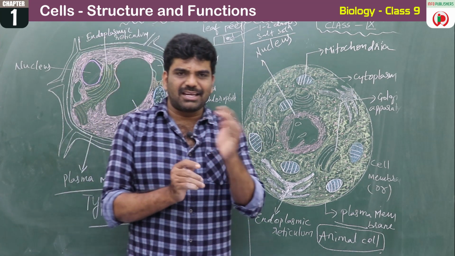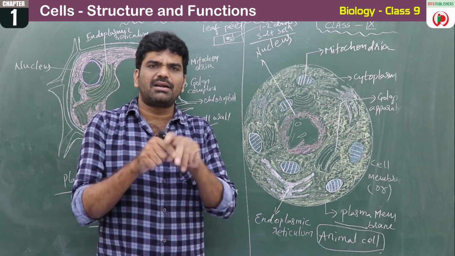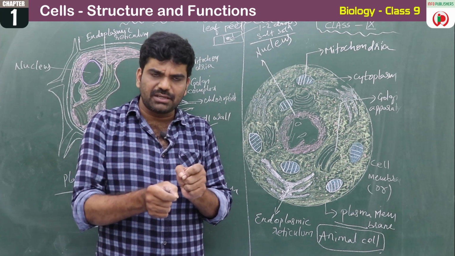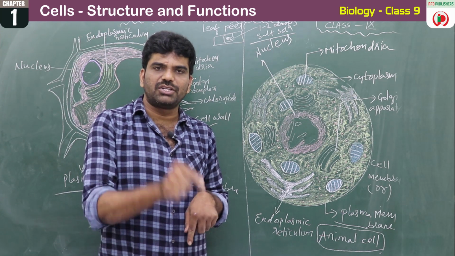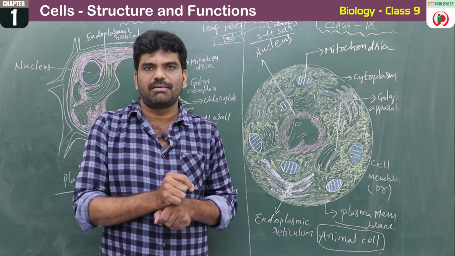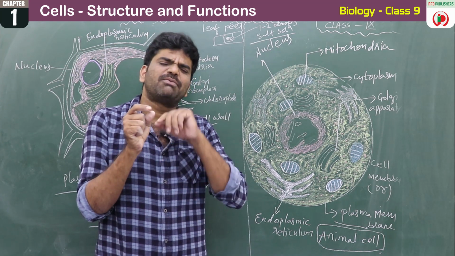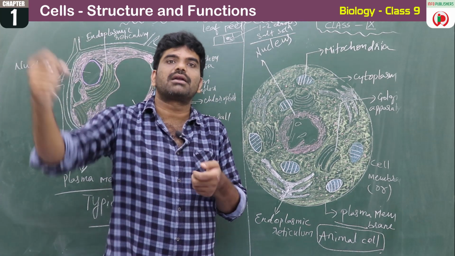So in this there are two diagrams. In one diagram we are keeping water and observing, and in the other we have kept salt solution and are observing. When we pour 1 or 2 drops of salt solution, the cytoplasm will be shrinking. Why? Because when you keep the salt solution, the water comes out.